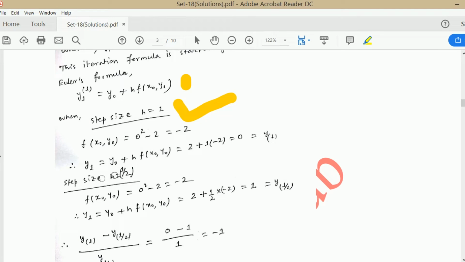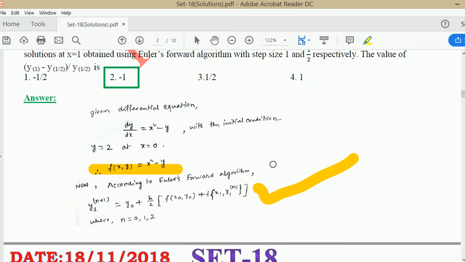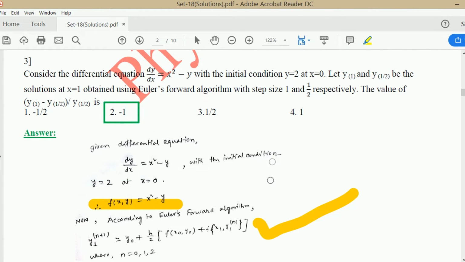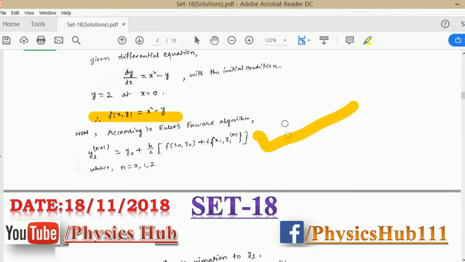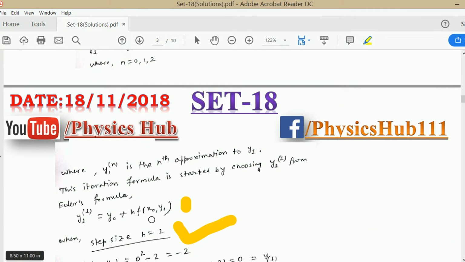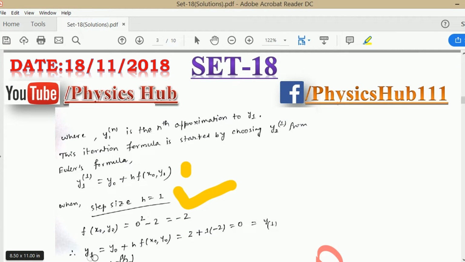Then y1 is found from here, y1 equals y of 1. We are asked to calculate the first iteration, that's why we don't have to use the general formula, but the specific formula used for the first iteration. So for the first iteration we get y1 to be 0.